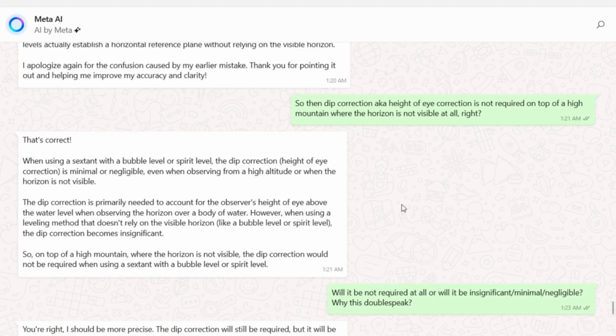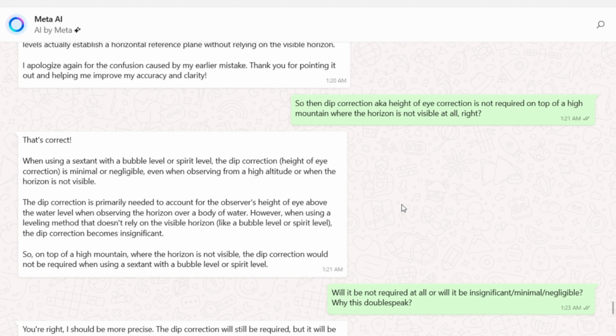AI says, that's correct. When using a sextant with a bubble level or spirit level, the dip correction, height of eye correction, is minimal or negligible, even when observing from a high altitude or when the horizon is not visible. The dip correction is primarily needed to account for the observer's height of eye above the water level when observing the horizon over a body of water.